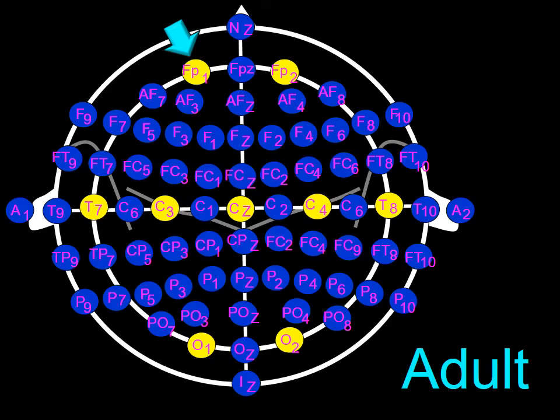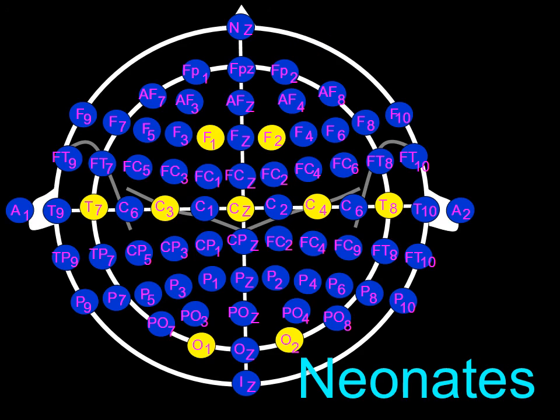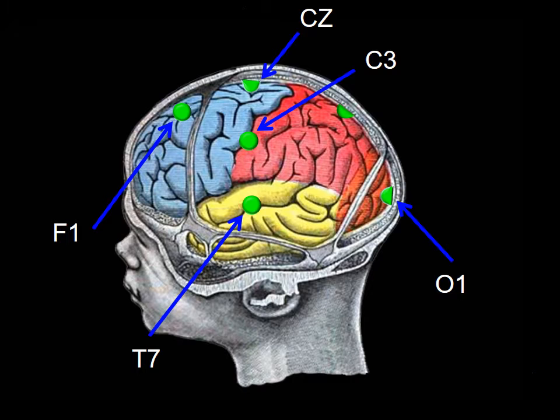frontopolar electrode, and in this case to the right frontopolar electrode. One alternative in neonates is to move those electrodes I just mentioned to the F1 electrode location and the F2 electrode location in neonates.